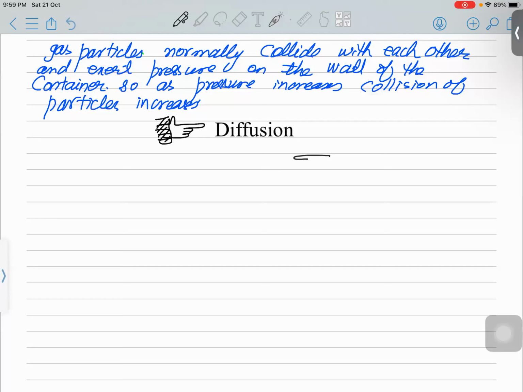This is a gas cylinder. We invert this gas cylinder. This is another gas cylinder.